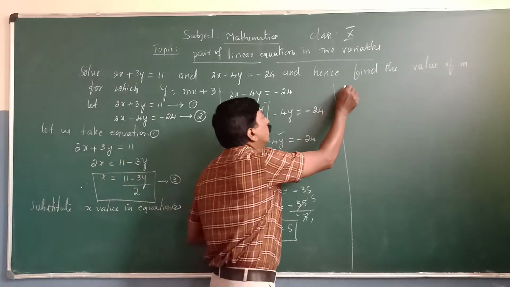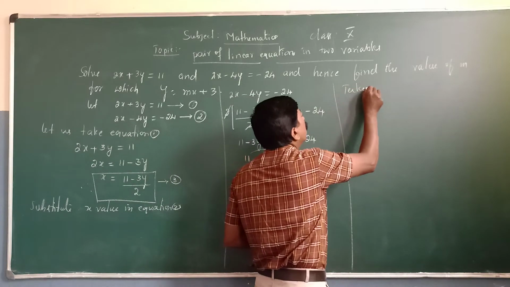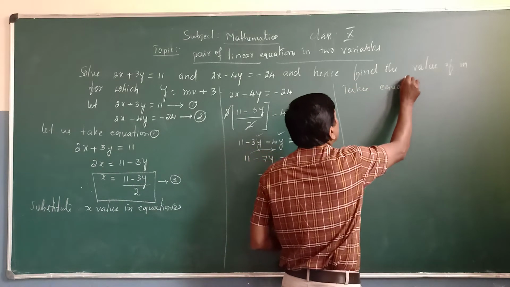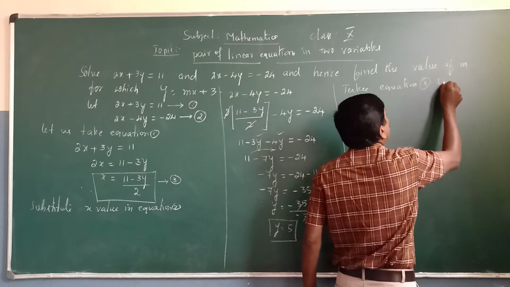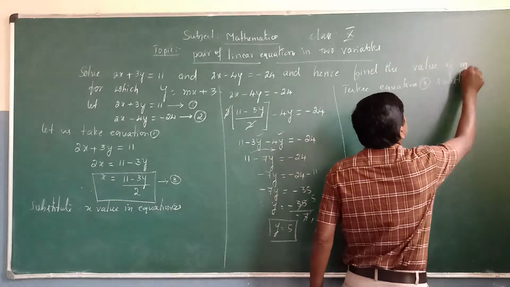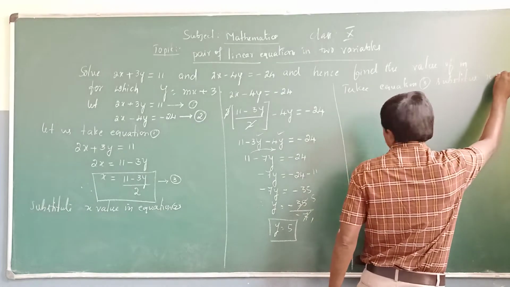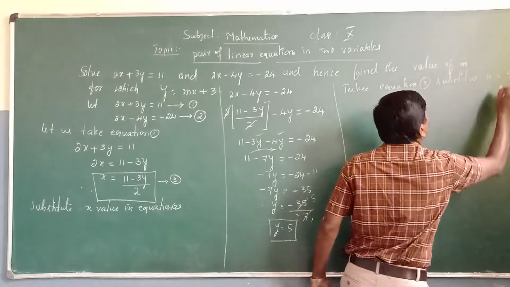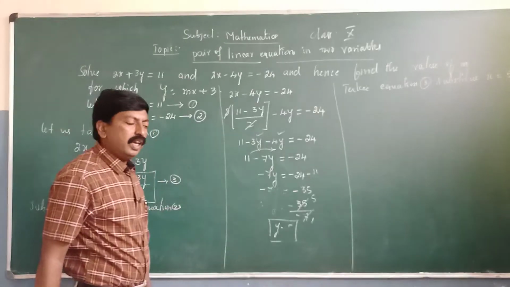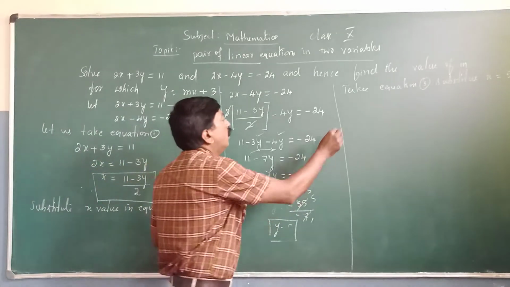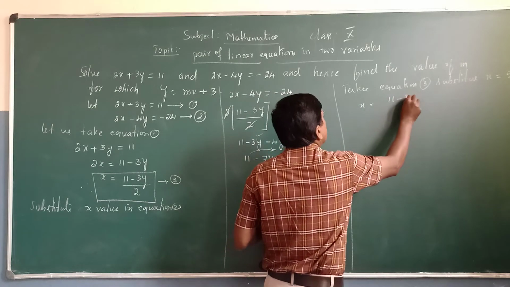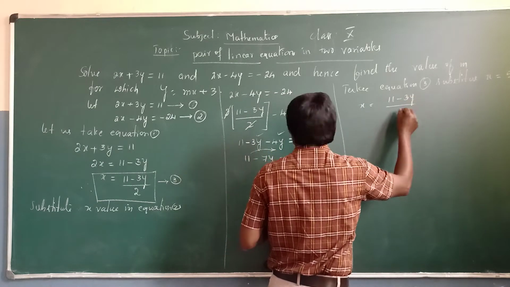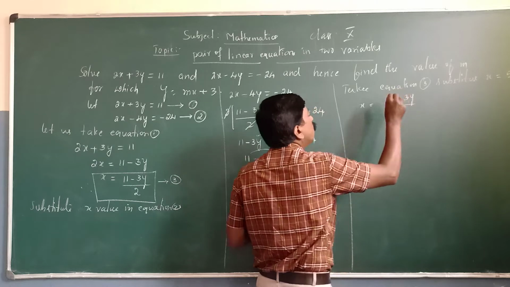Therefore, take equation 3 and substitute y is equal to 5. x is equal to 11 minus 3y divided by 2.